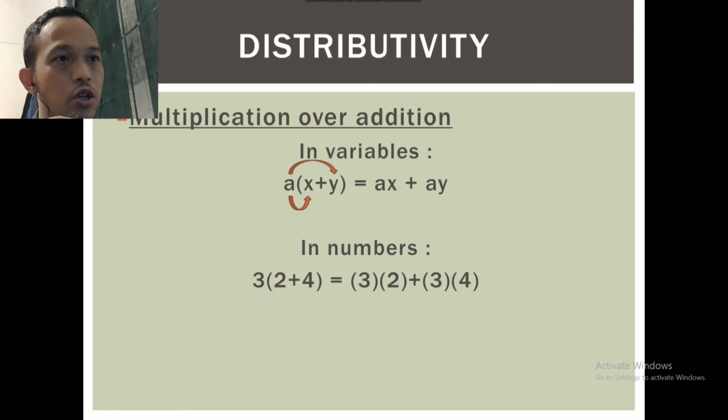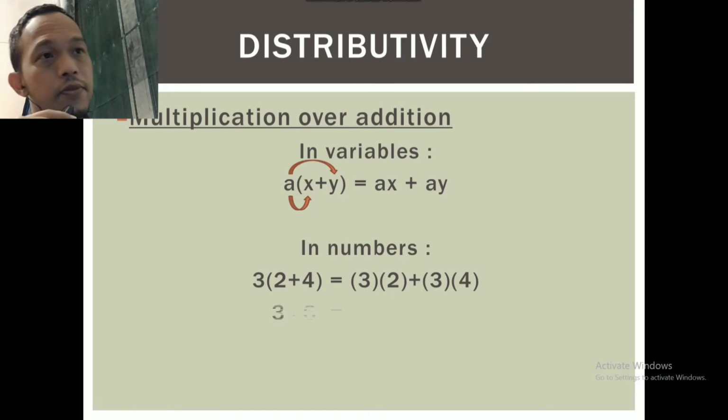Is it the same with the right part if I distribute 3 over the addition? So 3 times 2 plus 3 times 4. 3 times 2 is 6, plus 12. 6 plus 12 is 18. So 18 on the left side equals 18 on the right side. It is just the same. It means you can apply distributivity of multiplication over addition. It is safe.